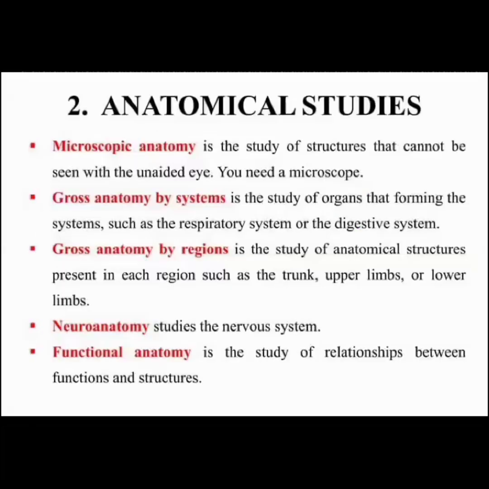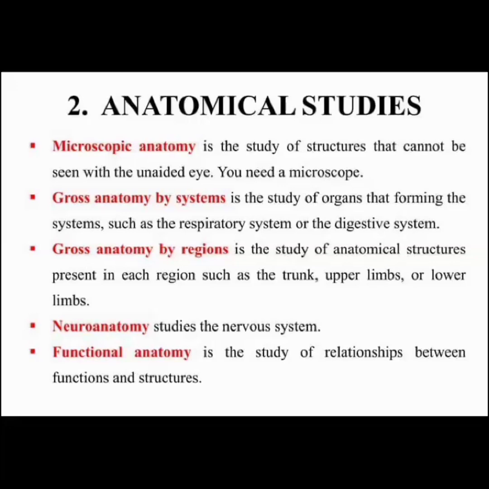Now we will discuss the anatomical studies. First is microscopic anatomy. It is the study of structures that cannot be seen with the unaided eye. You need a microscope, meaning the anatomy of cells and tissues.